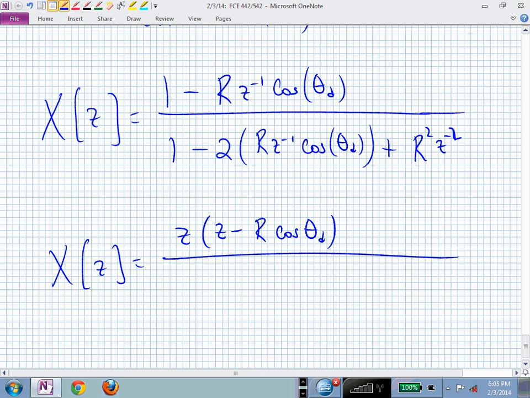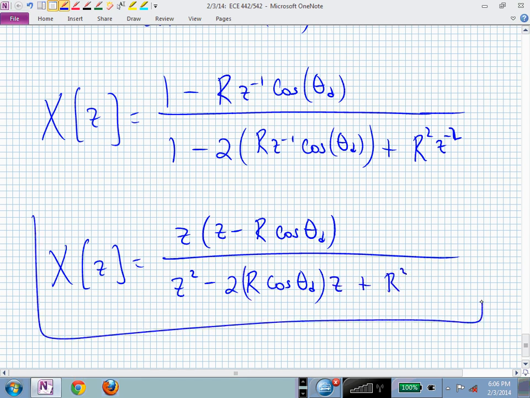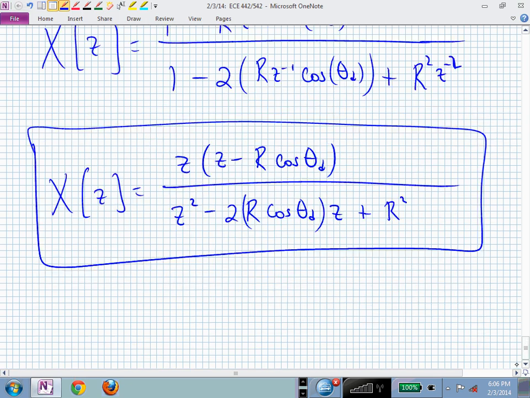That's now our numerator, and our denominator becomes z squared minus 2r cosine theta sub d z plus r squared.